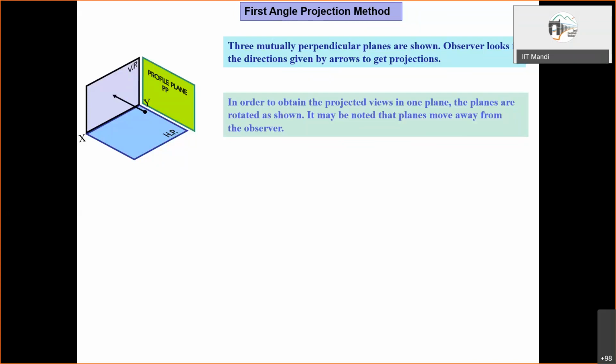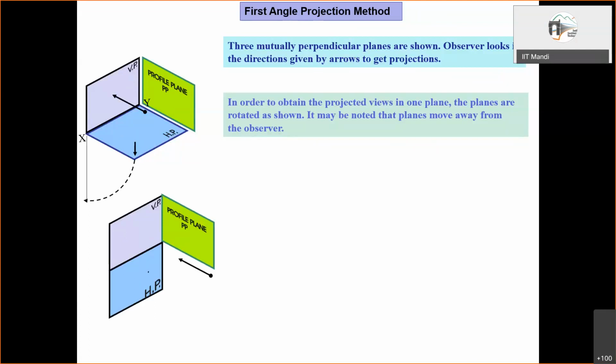Whatever projection we obtain on the vertical plane, we keep as the standard, and the rest of the projections we obtain in the same plane as the vertical plane. So we rotate the horizontal plane and align it with the vertical plane, and we do the same for the profile plane. Then it will be like this.